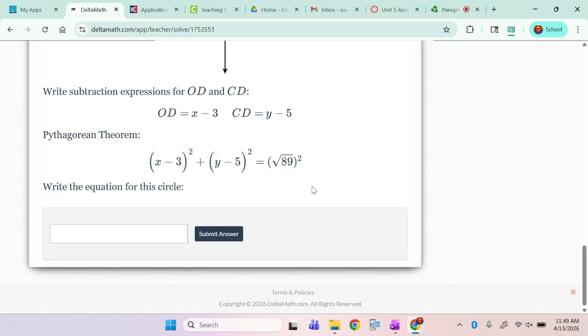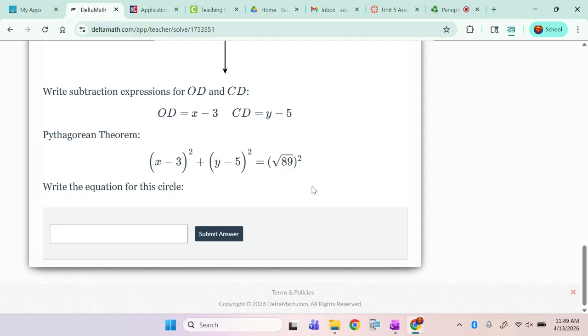But can't I simplify this? Isn't that just going to give me a number? So if I'm doing the square root of 89 squared, what happens to the square root of the square? It cancels each other out. So I'm left with what on the right side? 89. So my circle equation is x minus 3 squared plus y minus 5 squared.